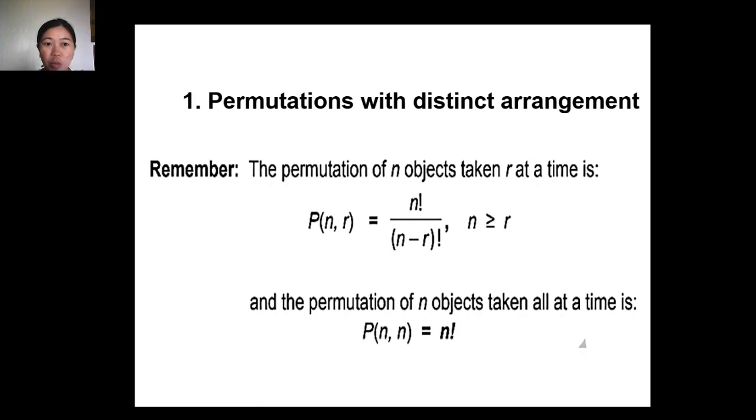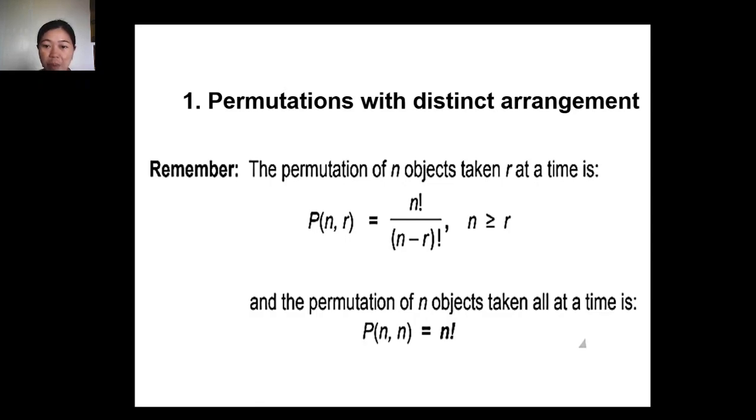So, paano ba natin isolve yung permutations if there is a distinct arrangement? So, remember, the permutation of n objects taken r at a time, denoted by P of nr, is equal to n factorial all over the quantity of n minus r factorial, wherein n is greater than or equal to r.